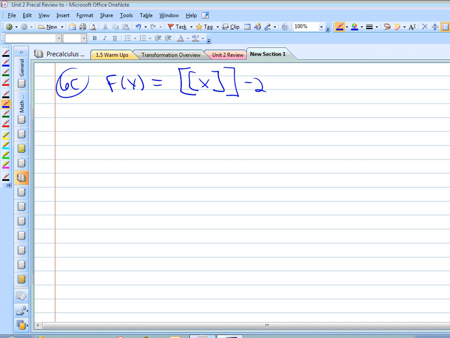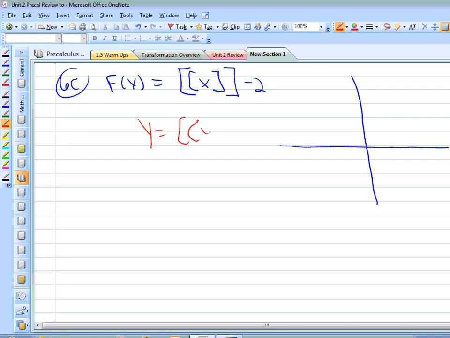With the greatest integer function, it's actually easier to graph this from a parent function. If you are not sure about your parent graphs, look on page 70 in your textbook. It gives all the basic graphs there. The greatest integer function, I'm going to do the parent function in red, would just be y equals the greatest integer of x.